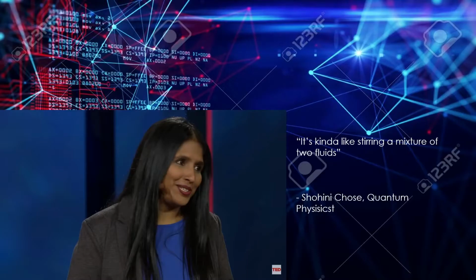They can be in a state of pretty much an in-between state. Shohini Ghose, a quantum physicist, said in her tech talk that it's like stirring a mixture of two fluids together. However, when you finally get the output, it definitely becomes one of those two options.